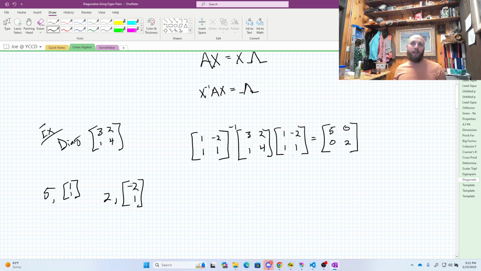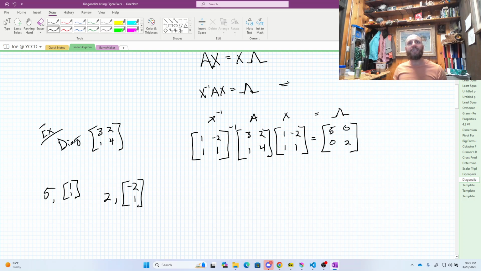If I wanted to write this the other way, so this is me writing X inverse A X equals lambda, right? So this is two matrices that I can use to turn A into a diagonal matrix. I can also reverse that process.